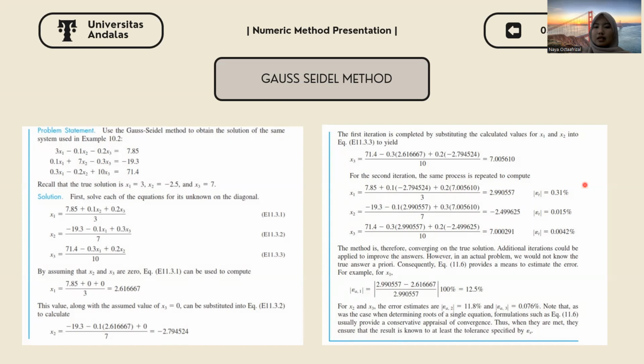And then for the second iteration, as you can see in here, we can get the error here, and the method is therefore convergent to the true solution. And then we can get the error for this x1, x2 is 11.8, and the x3 is this.